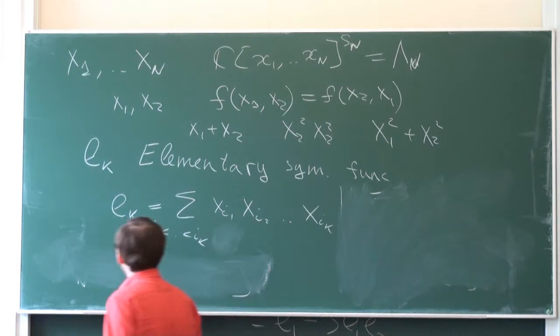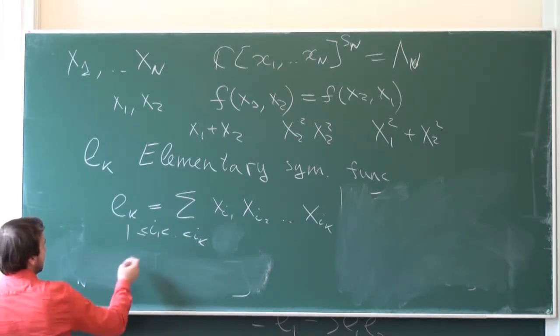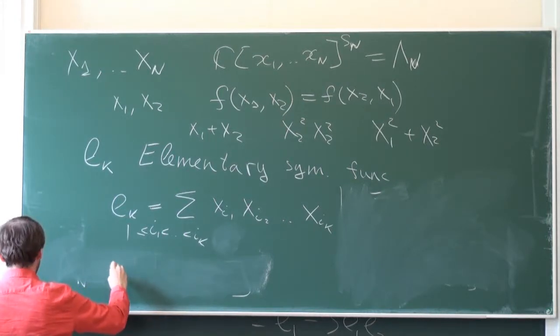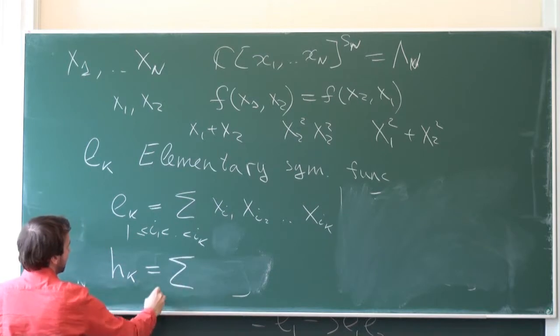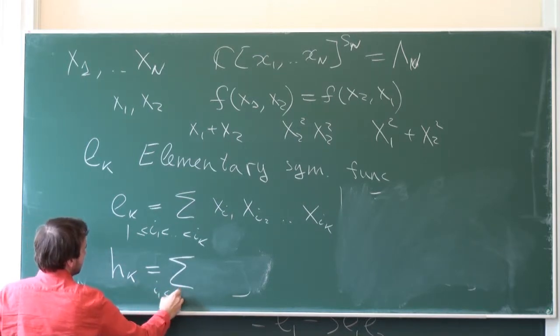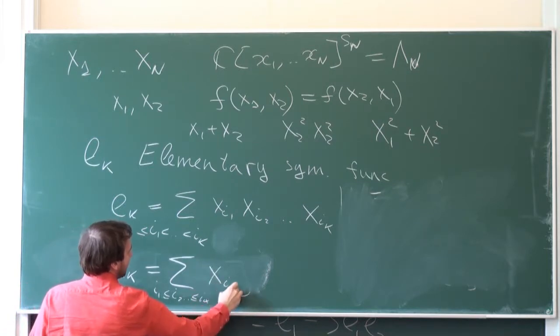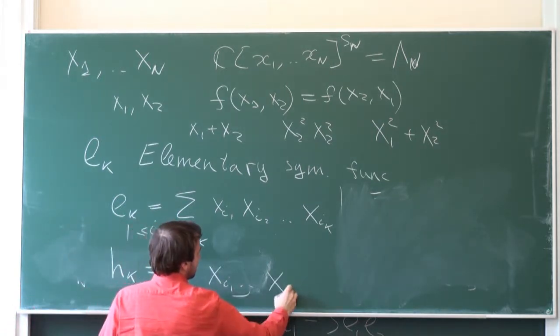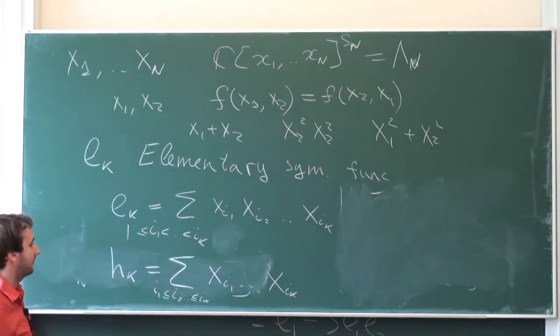Next thing that we need is the so-called complete homogeneous symmetric functions. They are defined very similarly to these ones: the sum of xi1 through xik. So these things are called complete homogeneous symmetric functions.